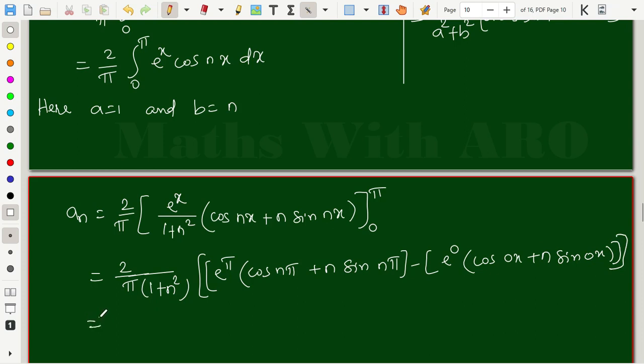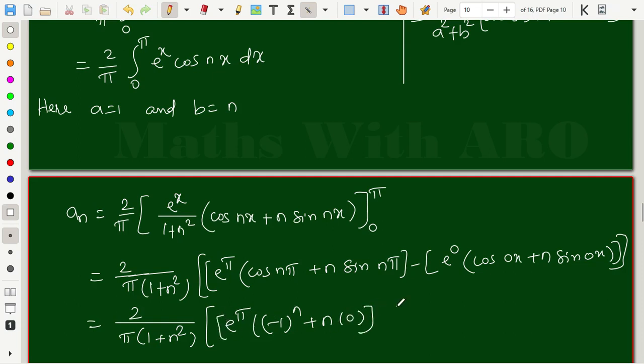This is equal to 2 divided by pi into 1 plus n squared, e power pi cos n pi ஓட வேல்யூ என்ன அப்படின்னு செக் பண்ணோம் அப்படின்னா (-1) power n plus n into sin n pi, 0.